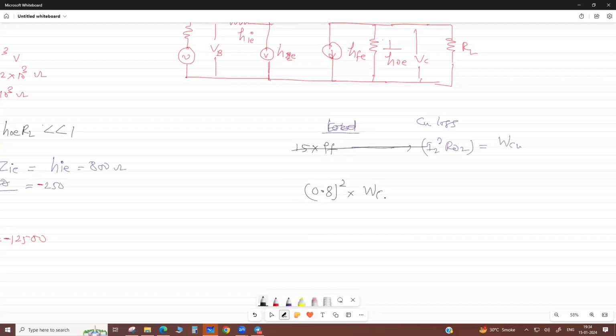At 80% load the copper loss is 0.8 squared times the full load copper loss. This will be the copper loss at 80% load. Your copper loss will vary with the square of the percentage load. Then we can calculate efficiency at full load and unity power factor, and at 80% load and 0.9 power factor.